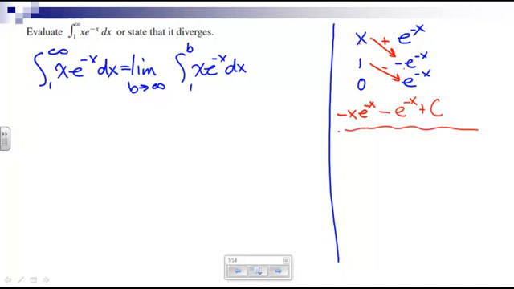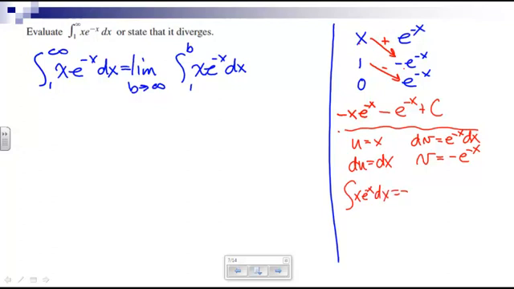If you don't remember that method, please recall we could have also said that u is equal to x and dv is equal to e to the negative x dx. du is equal to dx, and v is equal to negative e to the negative x, and then the integral of x e to the negative x dx is equal to u times v minus the integral of v du.